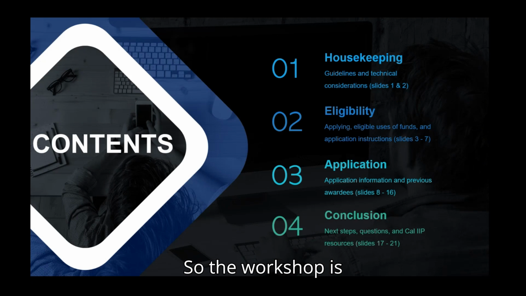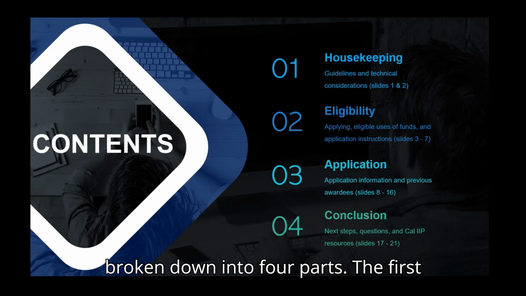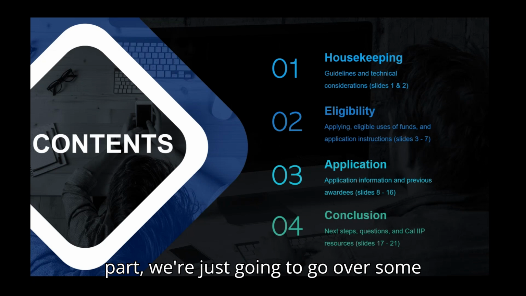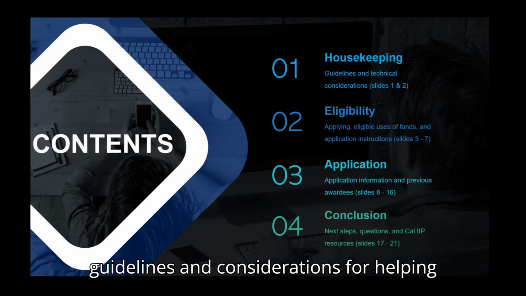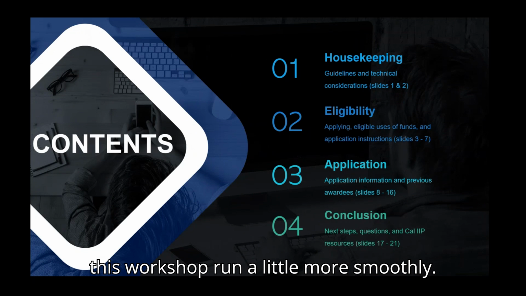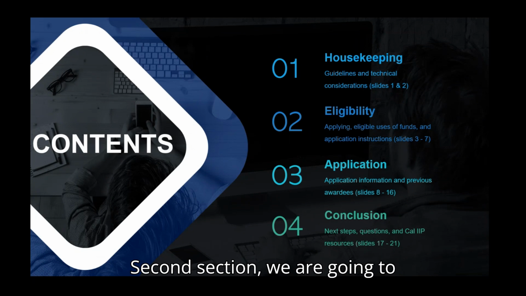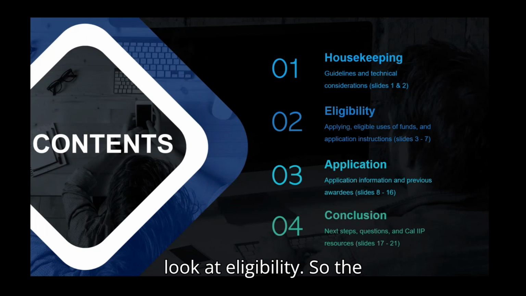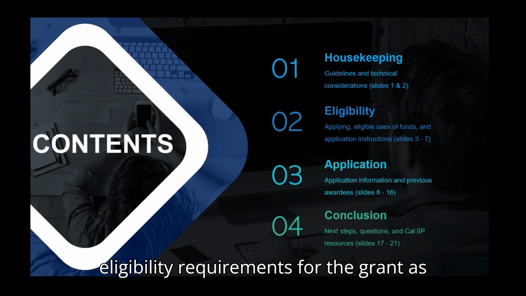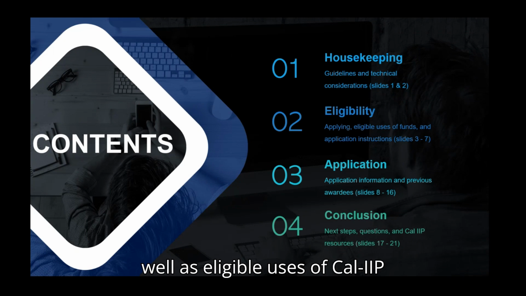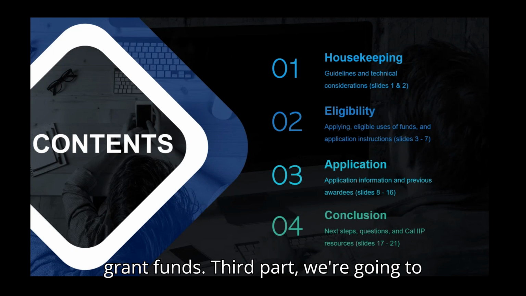So the workshop is broken down into 4 parts. The first part, we're just going to go over some guidelines and considerations for helping this workshop run a little more smoothly. Second section, we are going to look at eligibility, so the eligibility requirements for the grant, as well as eligible uses of Cal-IP grant funds.